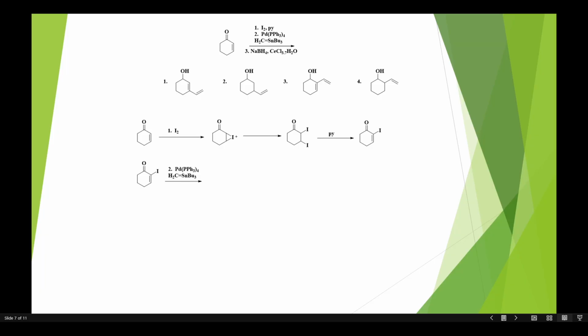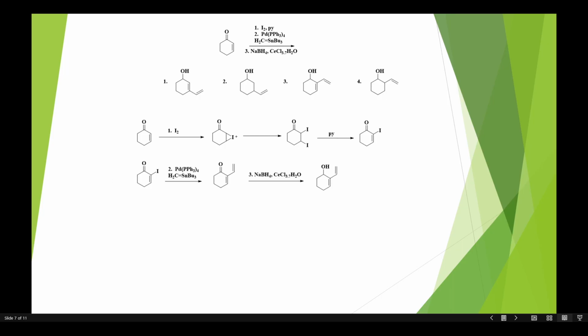It is a Stille coupling. We will get the corresponding alkene, the Stille coupling partner being connected to our iodide one. This is a coupling reaction; the mechanism we will discuss later.